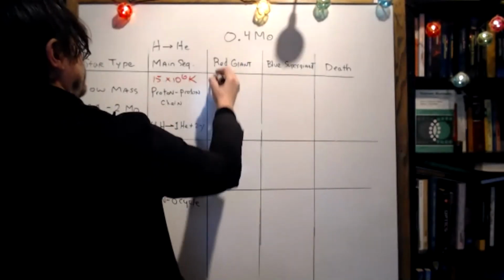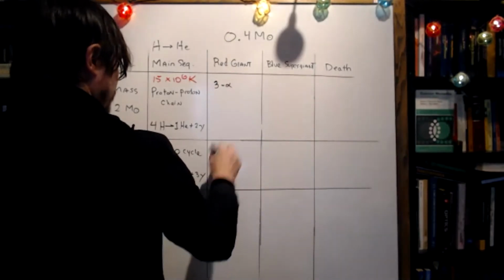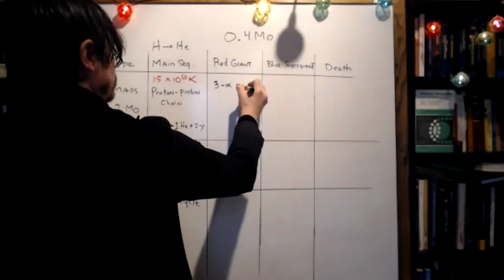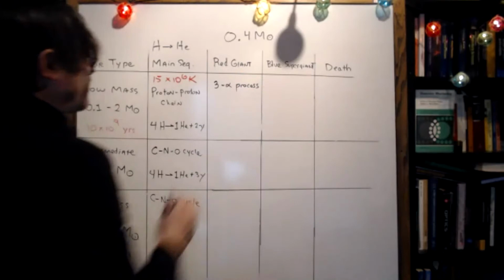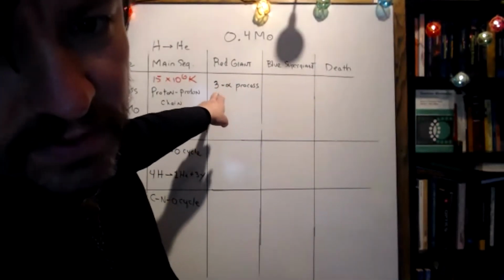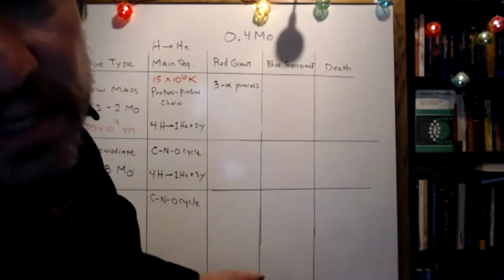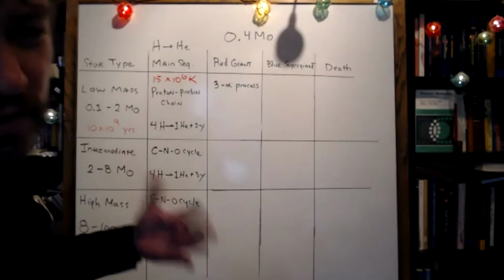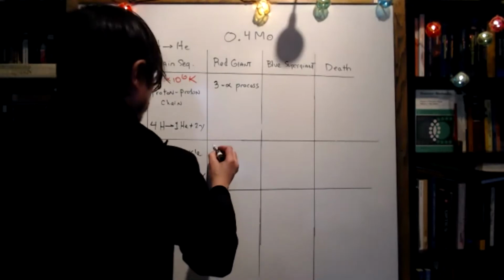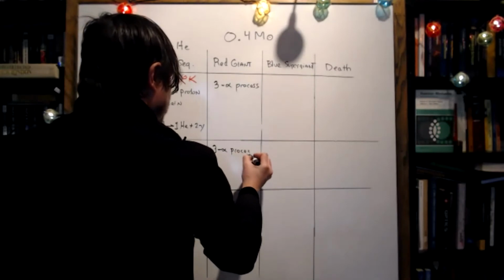So during a red giant phase, all stars, whether they are low, intermediate, or high mass stars, are going to undergo a nuclear reaction sequence, which astronomers call the triple alpha process. I want to tell you about the triple alpha process because I think our second homework question today will be based on that. The triple alpha process.